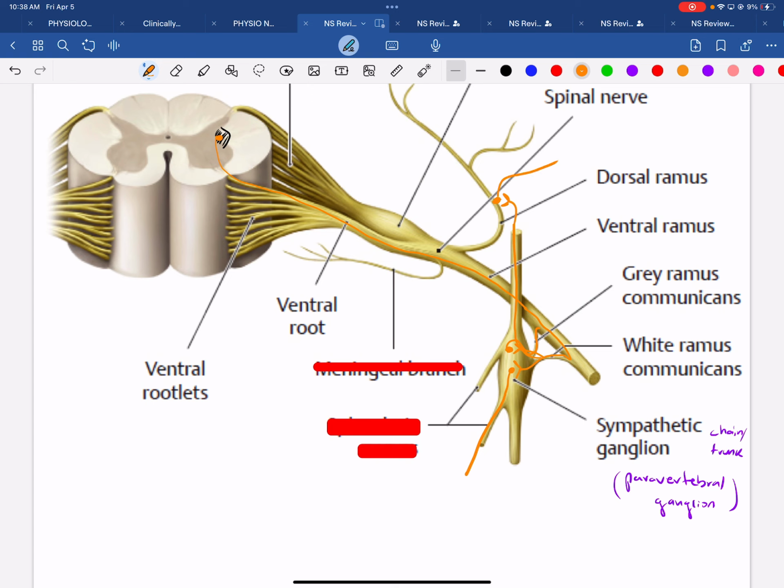So there's 4 different pathways, and once we do the autonomic nervous system, we'll talk about that more. But for now, I think it's too hard to do it right now.